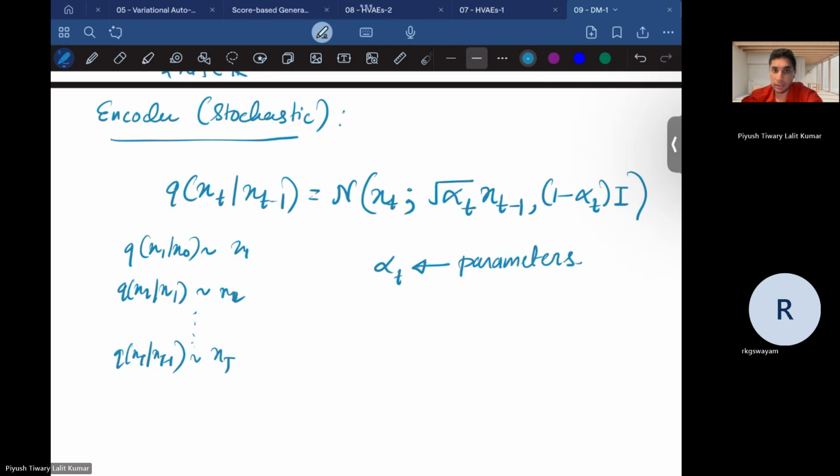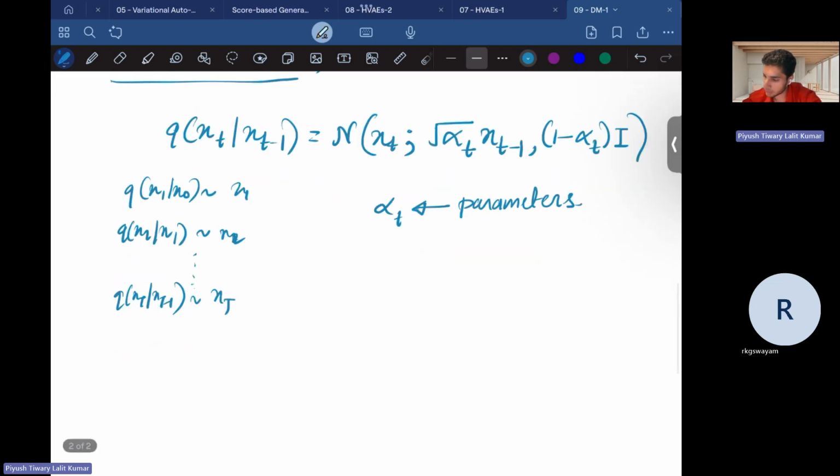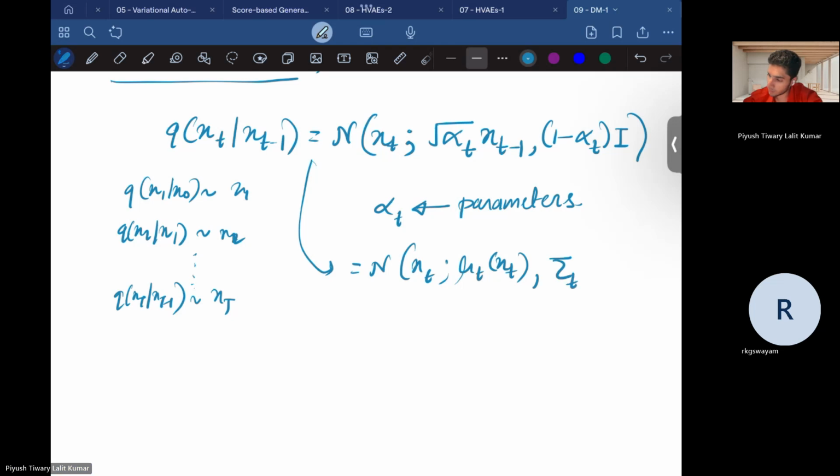Sometimes people also write this distribution as Gaussian xt of mu t of xt, the mean parameter, and sigma t of xt, the variance parameter.